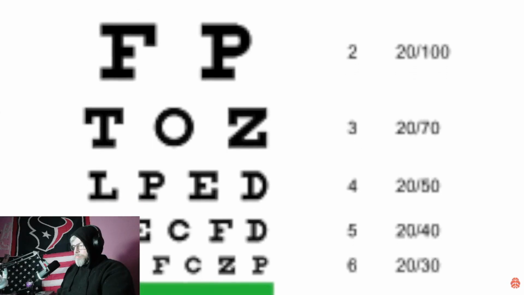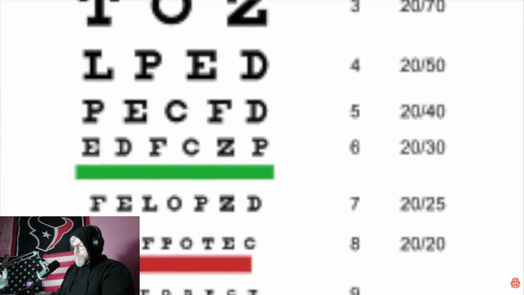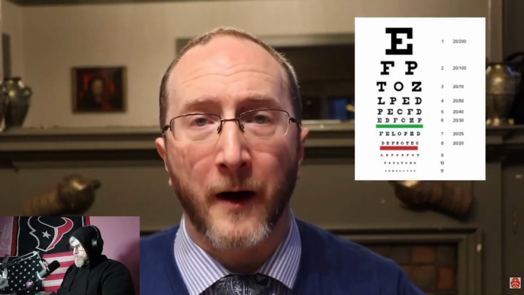And so we'll start off by discussing how we assess visual acuity, or what you can see. Here is an example of a traditional Snellen chart. This is a jet black letter on a bright white background. And to be blunt, it's not a very good test for MS. The problem is it's not sensitive enough to pick up subtle damage to the optic nerve as commonly seen in optic neuritis.